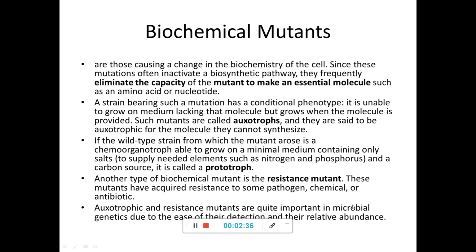Now, if this prototroph undergoes some UV exposure or any other mutagen exposure, it will result in the formation of another strain which is not capable of synthesizing methionine. That is, the methionine biosynthetic pathway of that organism is disrupted, or mutated, by the exposure to the mutation-causing agent.